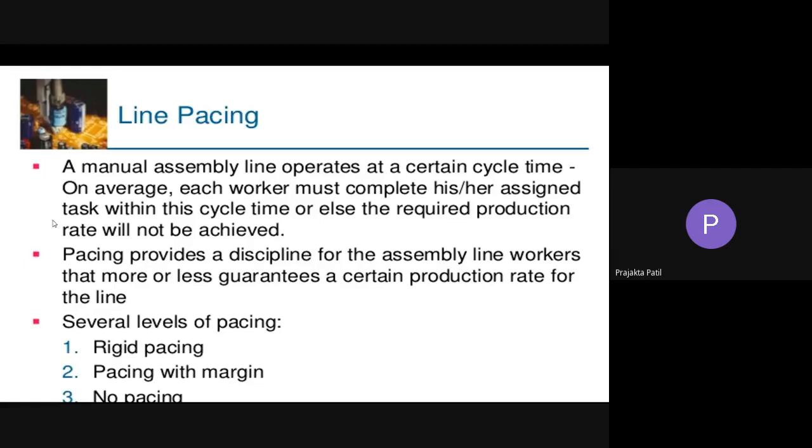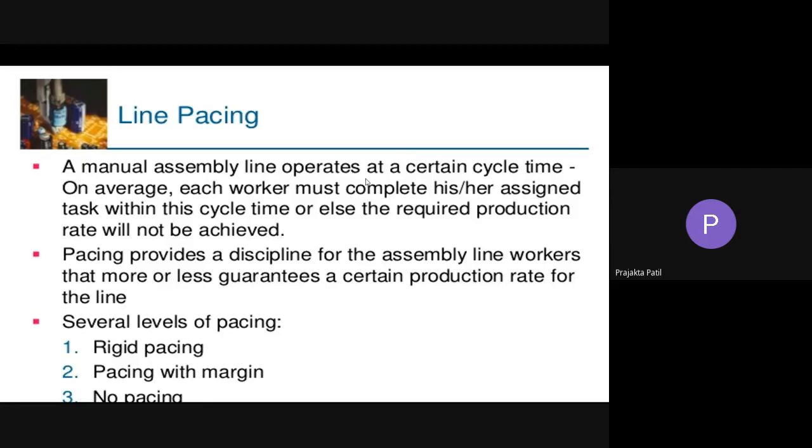Okay, so this pacing of the workers is one of the reasons why a manual assembly line is successful. When we talk about manual assembly line pacing, this concept of pacing plays a very important role, because if you have proper pacing done, then you can assure that the manual assembly line will be a success.